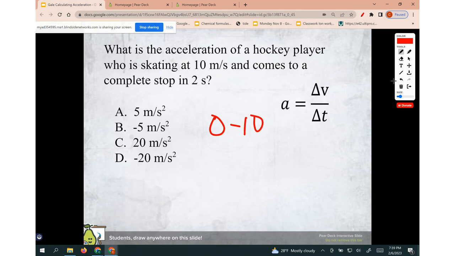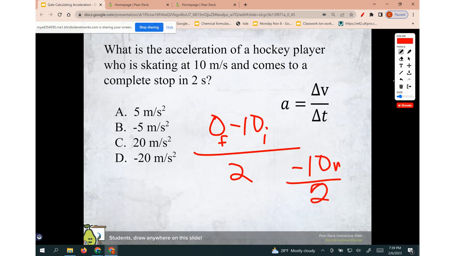So this is the final minus the initial, and we're going to divide by 2. So negative 10 divided by 2, this is meters per second, divided by second. So it's going to be negative 5 meters per second squared.